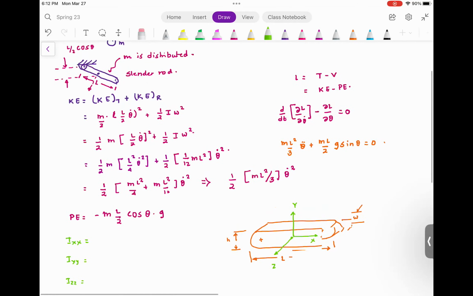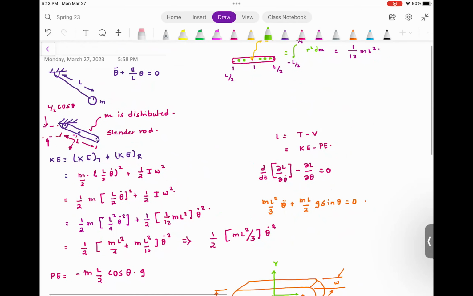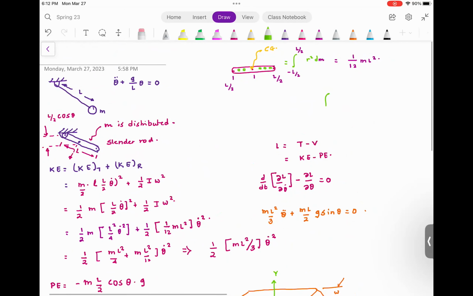So if you look at the basic definition, mass moment of inertia is nothing but r square dm, wherein r is the distance of that mass from the centroid.